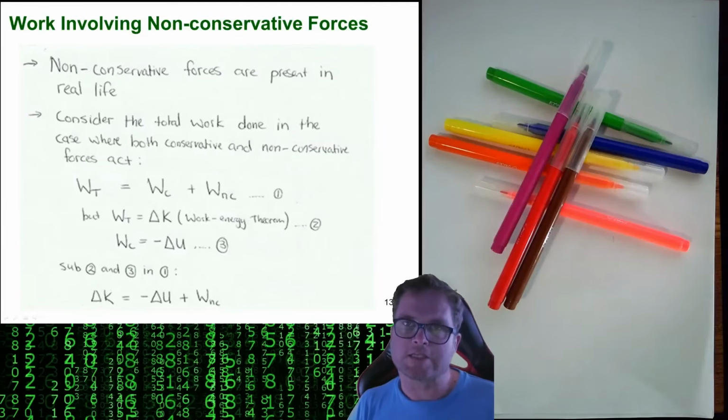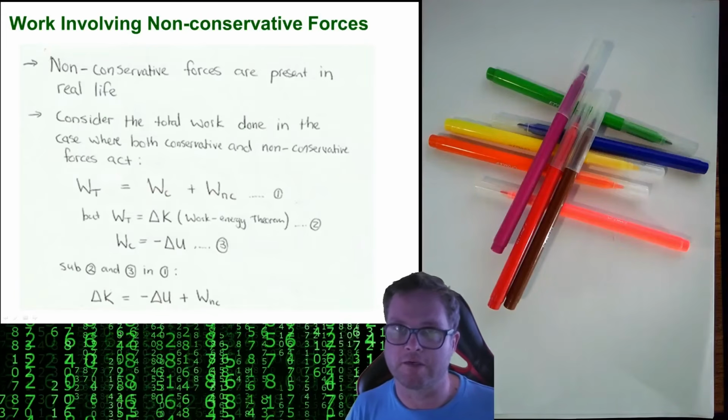A few slides ago we saw that mechanical energy is conserved for conservative forces. Now we would like to check if that's the same for non-conservative forces. Non-conservative forces are present in real life. You remember the examples we used were air friction, or air resistance, and friction.